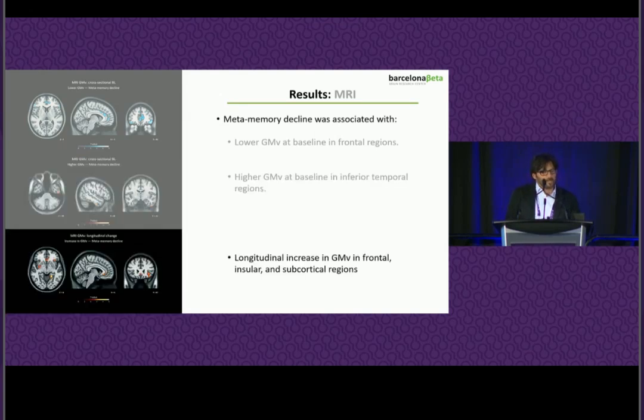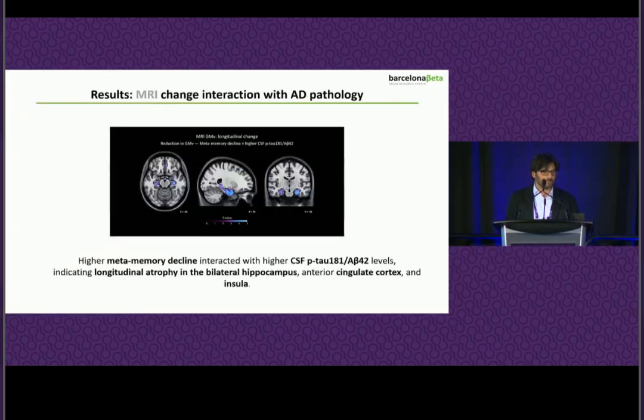For the longitudinal measures, we found increases, not decreases, in gray matter volumes in frontal, insular, and subcortical regions. But importantly, when we studied the interaction between metamemory decline and AD pathology, as measured by the CSF p-tau/beta-amyloid 42 ratio, we found longitudinal atrophy in bilateral hippocampus, cingulate cortex, and insula, suggesting that the association between metamemory and atrophy is related to AD pathology.